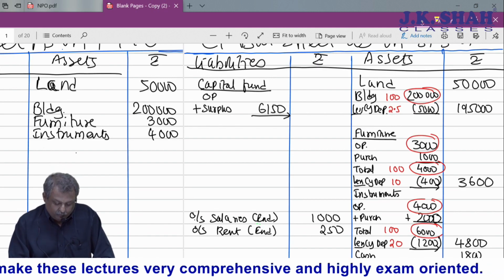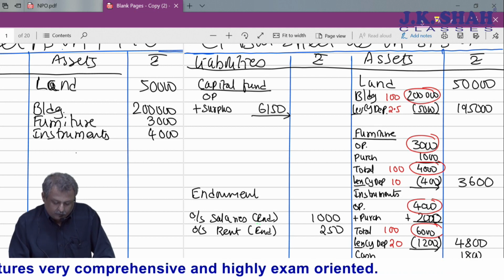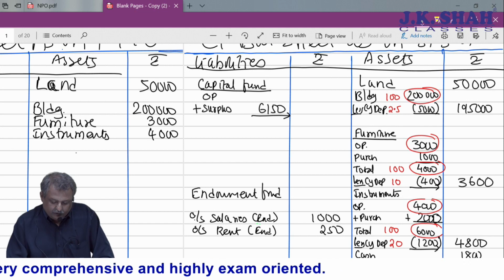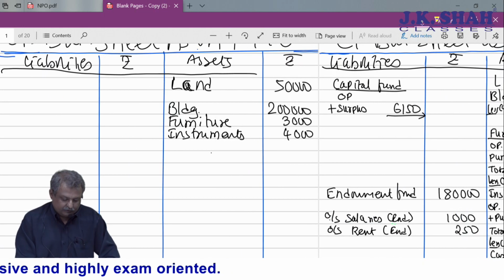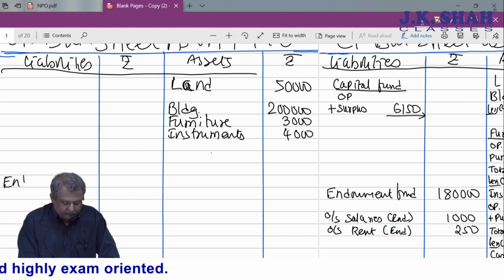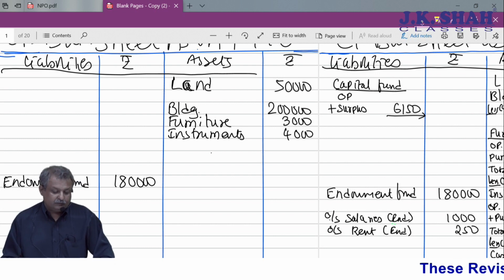So, endowment fund. Endowment fund in opening and closing both will be 1,80,000.